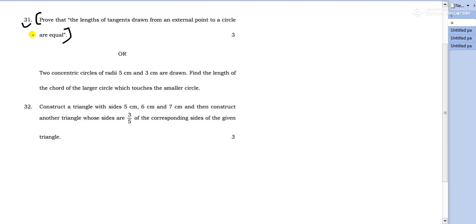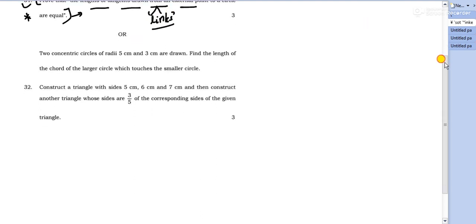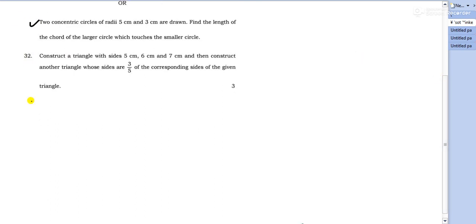So this is a very important question. Mark it very important. Since it is important, I have solved this theorem in two different ways. The link is available in the description box. You can watch it from there. So without wasting time on it, let us move to the next question.